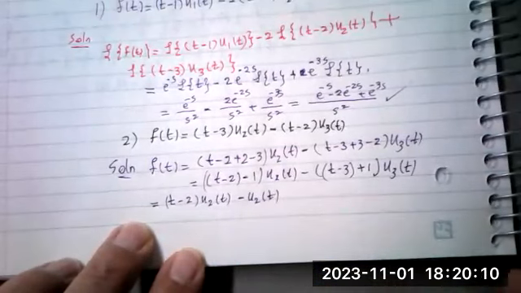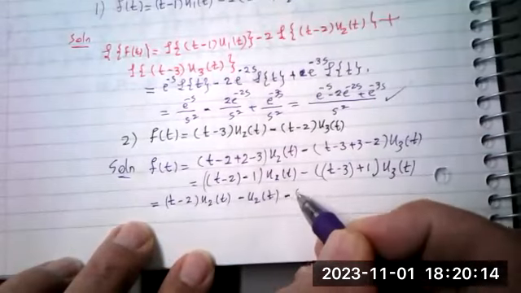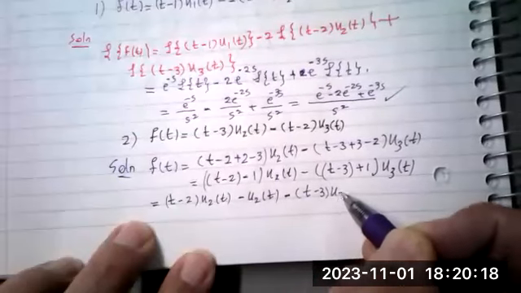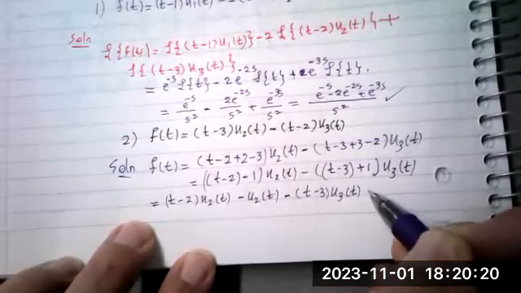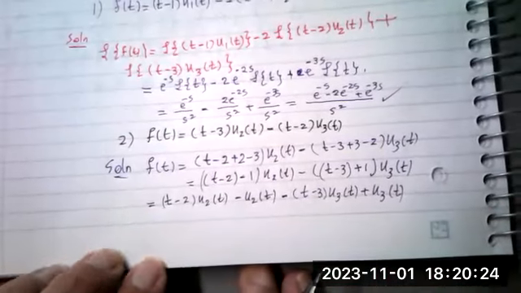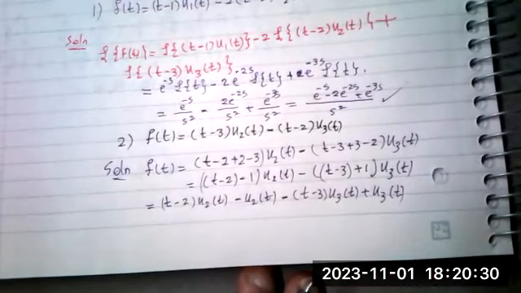You can find the Laplace of both of them. Next, minus (t minus 3) u3 of t plus u3 of t. Those leftovers are just ordinary unit step functions that can be taken care of, and the rest are just this translation that we know. So we can do it quickly.